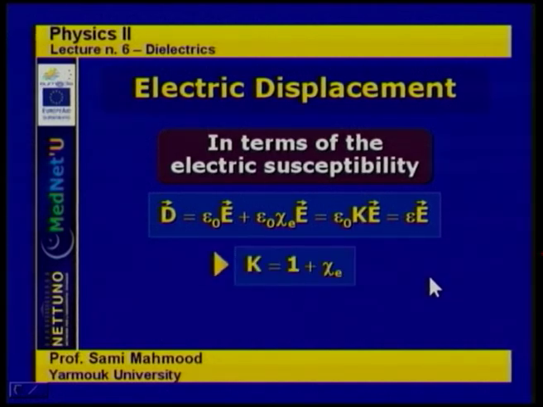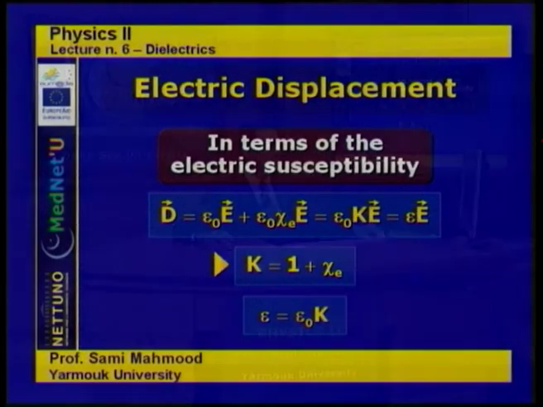And this gives a relation between the dielectric constant and the susceptibility as K equal to 1 plus the electric susceptibility of the material. And as before, the permittivity of the dielectric material, epsilon, is equal to epsilon naught, the permittivity of free space, times the dielectric constant K.